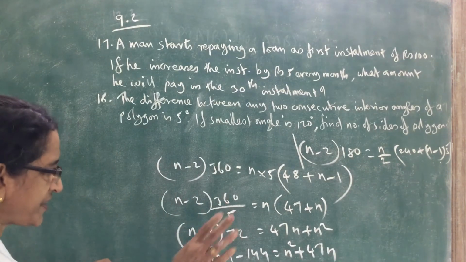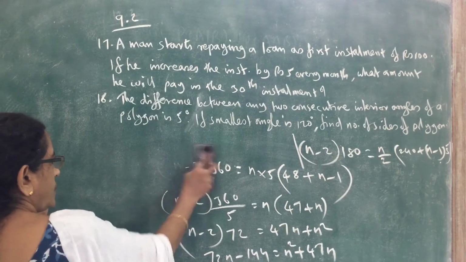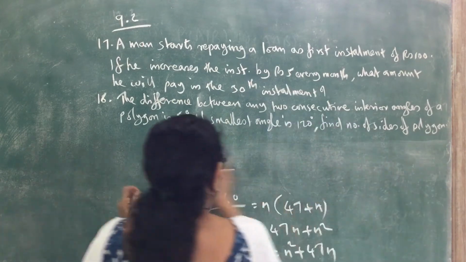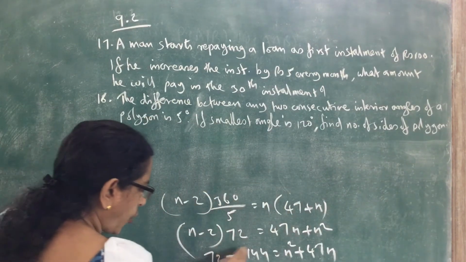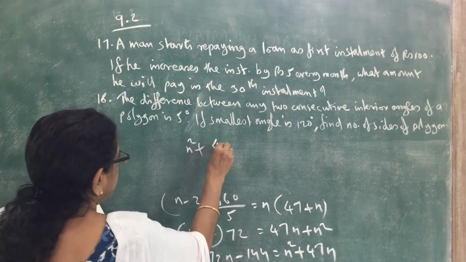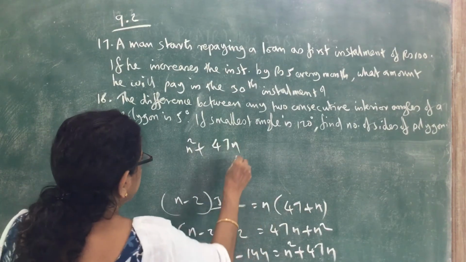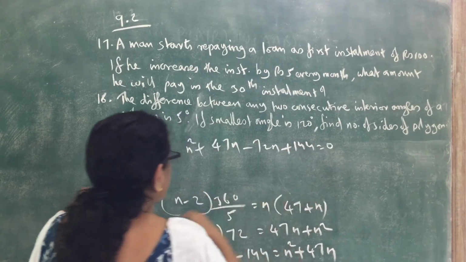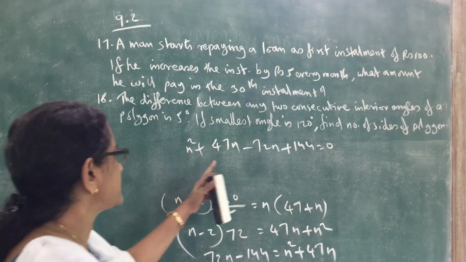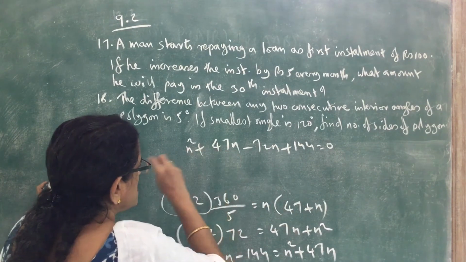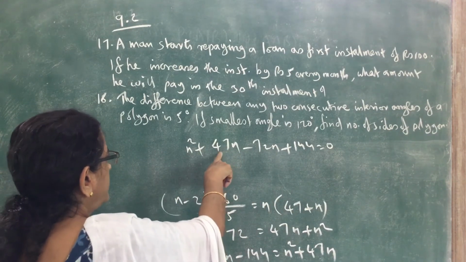Now we take all the terms to one side: n square plus 47n minus 72n plus 144 equals 0. 47n minus 72n is minus 25n.